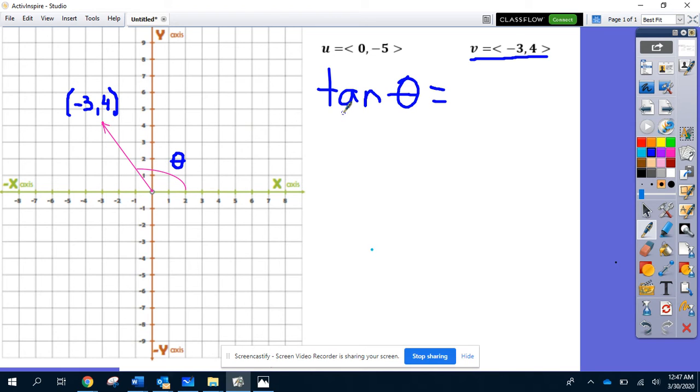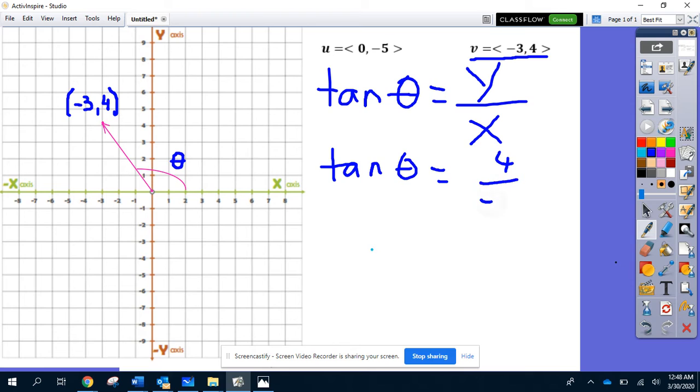So that's why tangent is the formula y over x all the time when you work with direction angle. So your tangent will be 4 over -3. So to find the angle, you should use the inverse of the tangent.